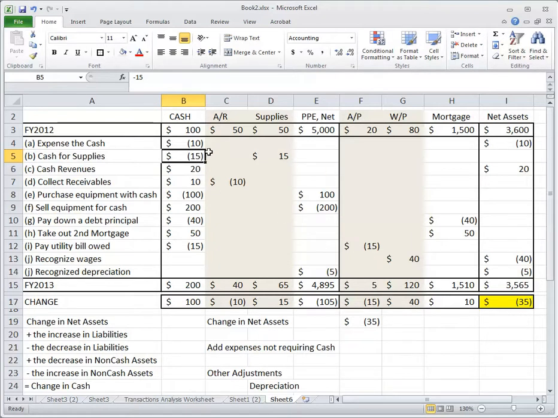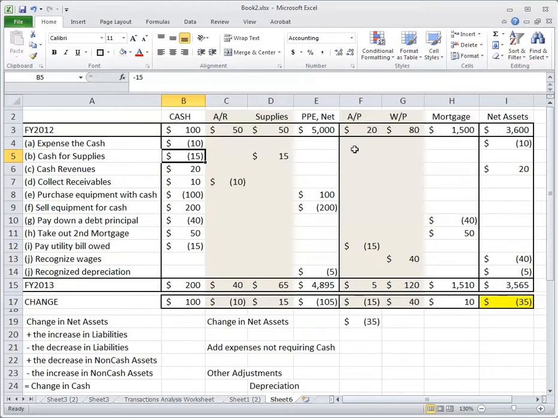Well, within an organization, eventually you'll consume those supplies, and then there'll be a negative 15 over here in the net asset category. And even though those happen on separate transactions, in the end, over time, the cash flow decrease will be the same as the expense transactions.